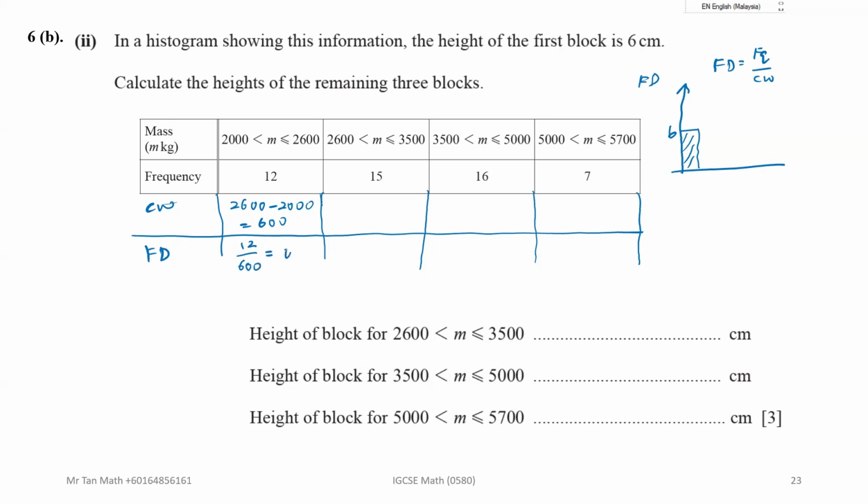You should get 0.02. Now you need 6. So the height here is 6, so you times by 300. You need to do the same, each of them need to times 300.